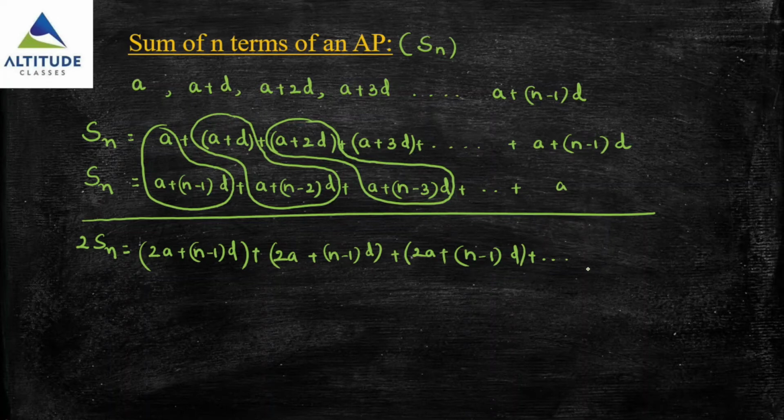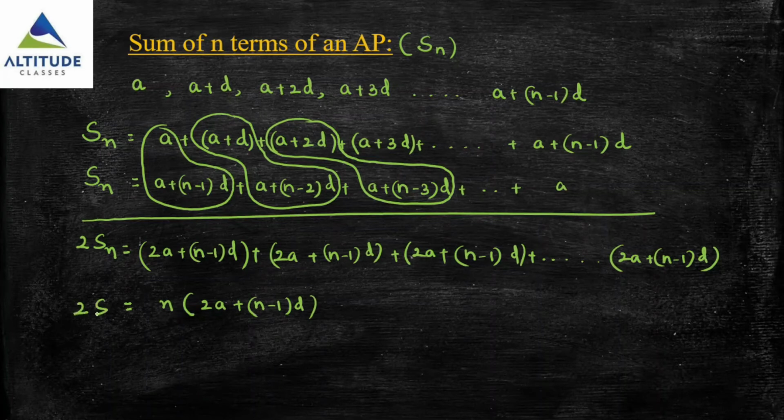So here also, last a plus a, 2a plus (n minus 1) into d. So totally how many 2a plus (n minus 1)d's are there? As many as the number of terms, since we are calculating the sum of n terms. So it will be n into (2a plus (n minus 1) into d).